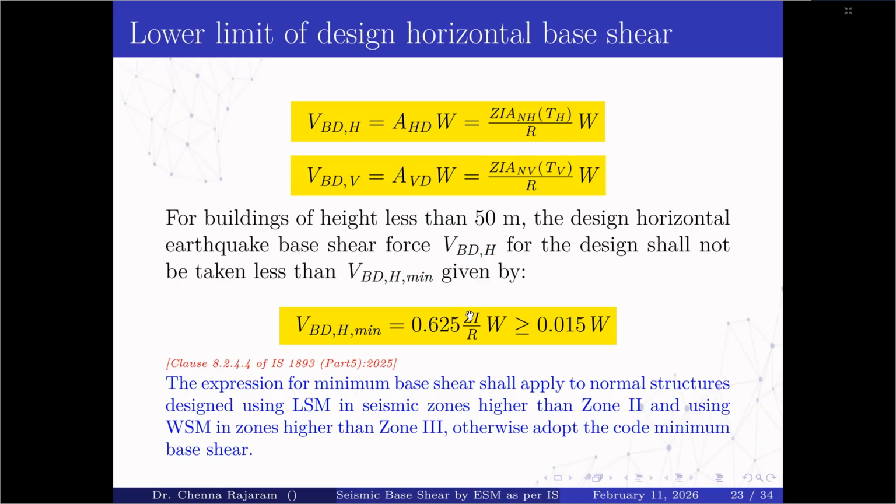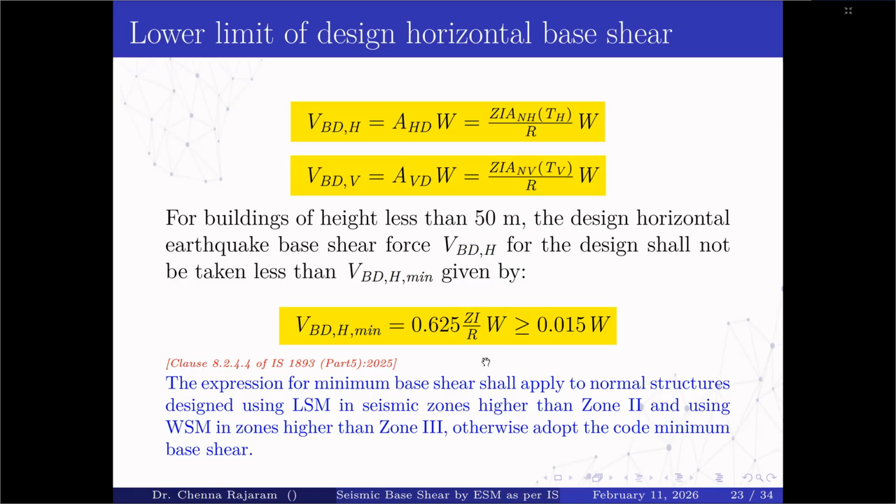Now, here I is the same in this equation, R, let us consider for special moment resisting frames, R is equal to 5, and the weight is the same in both expressions. To satisfy this condition, the Z value should be greater than 0.12 g. So the Z value should be more than 0.12.